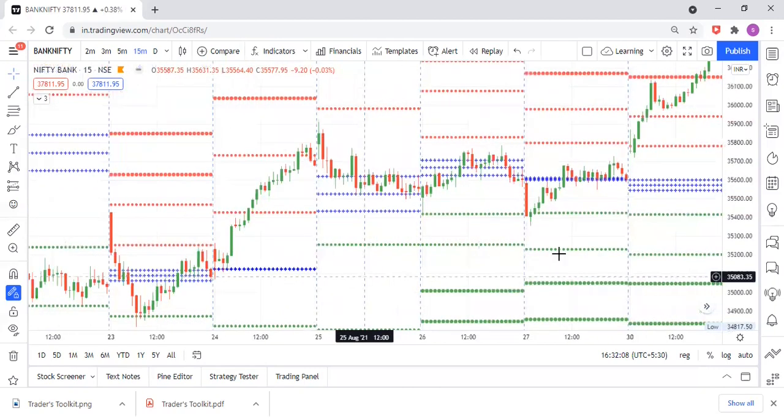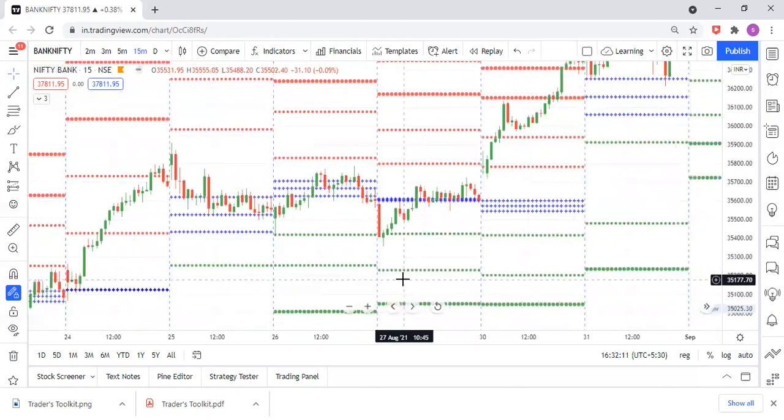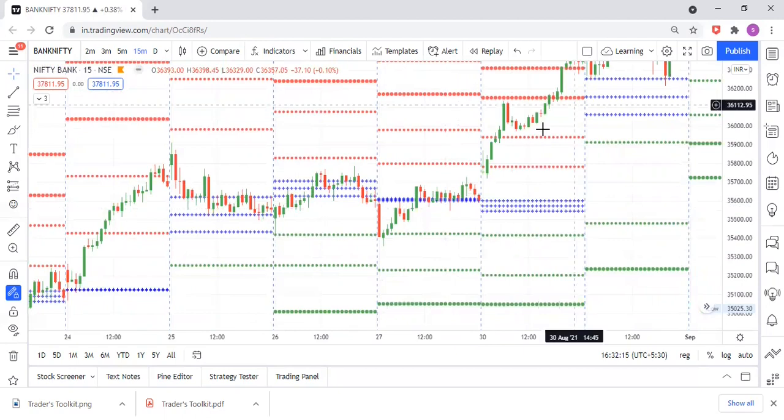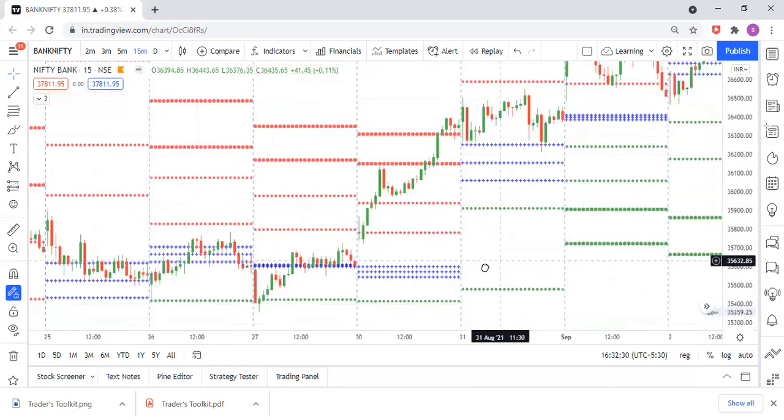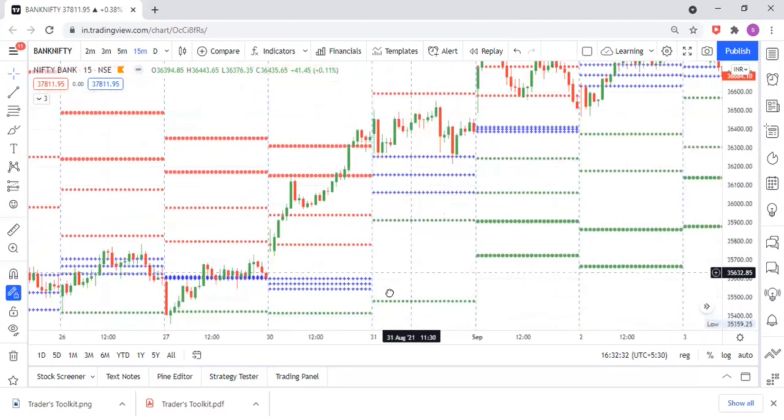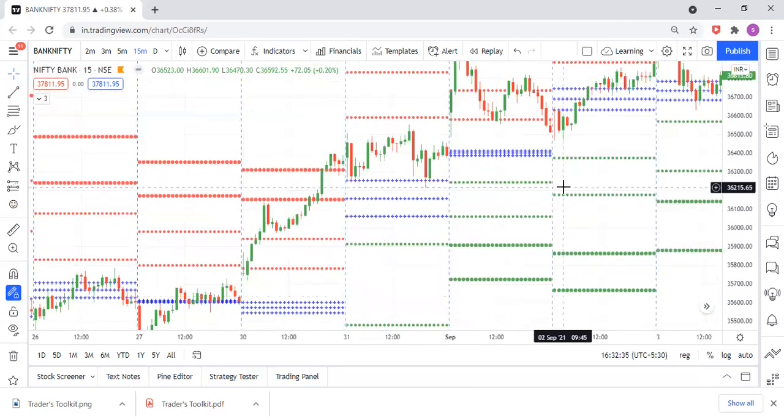Similarly, you just look at it and see if it is a narrow CPR, it is supposed to be a trending day. If not, check for the next day, it is supposed to be a trending day. Still if it is not a trending day, then it essentially indicates that you can expect a trending day anytime soon. So apply this in your instruments, whichever instruments you trade, and let me know in the comment section whether it works or not.